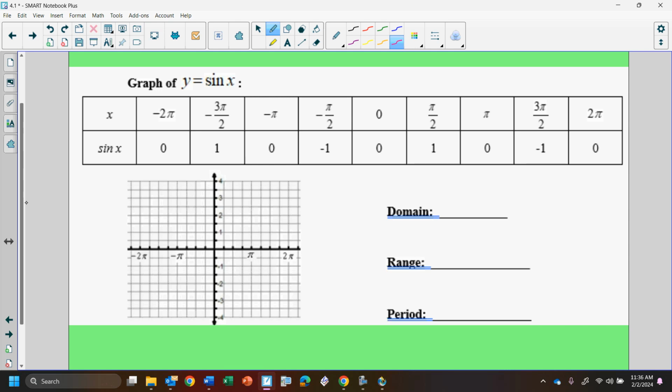Pull out that homework for me. We're going to be using it a little bit today. Last night's homework 4.0. Take a look at the front. The top table with sine graph. Take a look at that first table. Does that match the numbers you had? 0, 1, 0, -1? This comes from your homework.